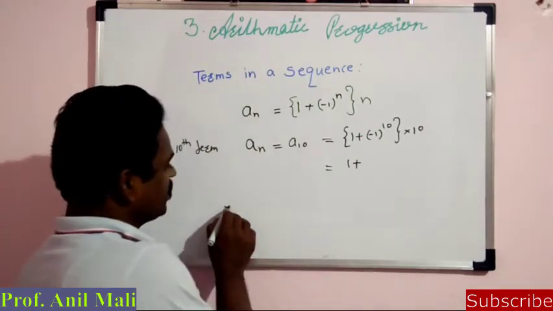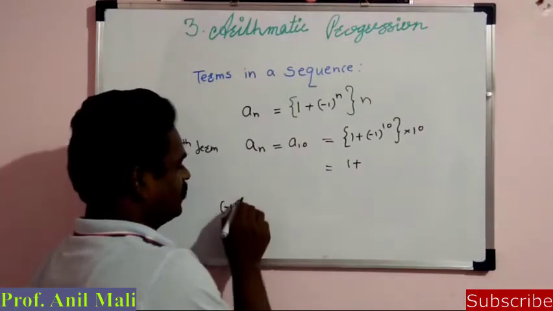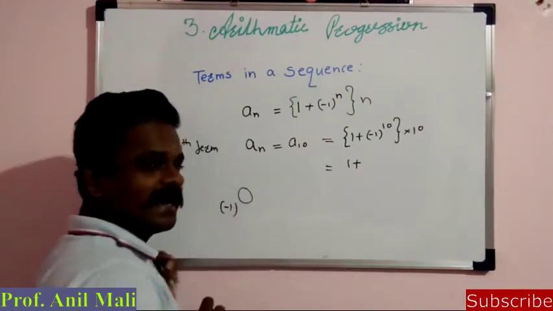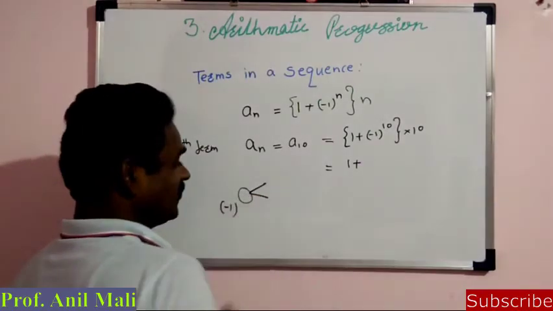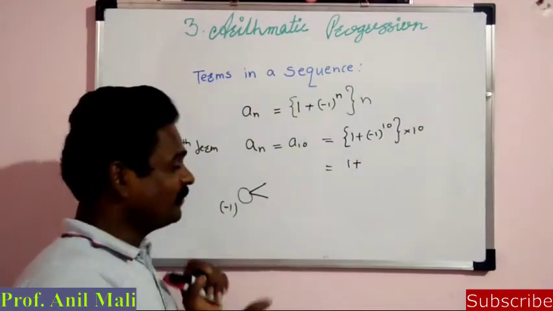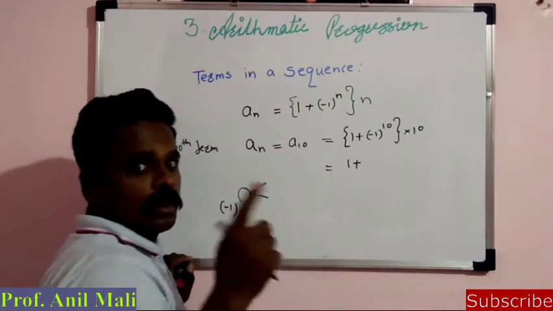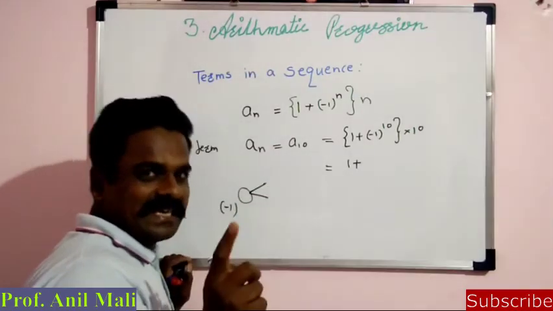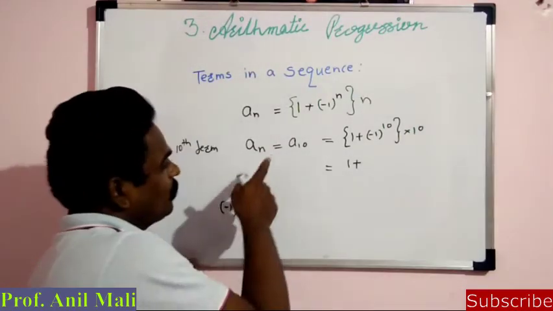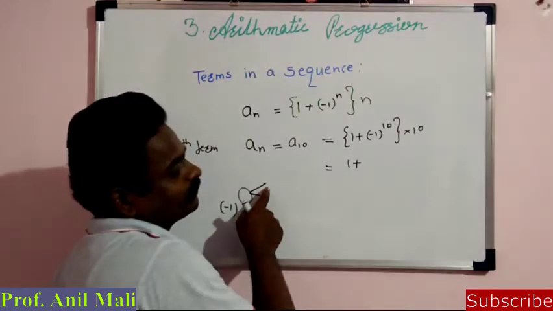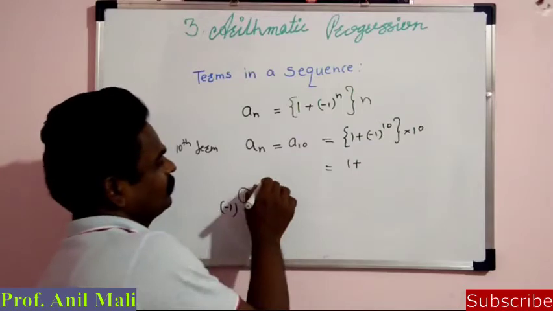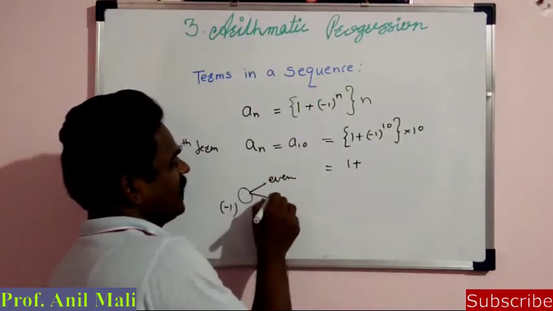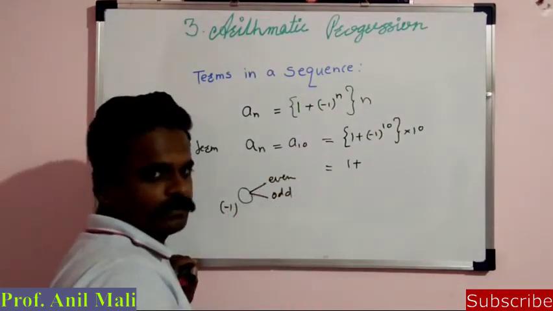If minus 1 is inside the bracket and you are taking some index, the index is of two types: even or odd.